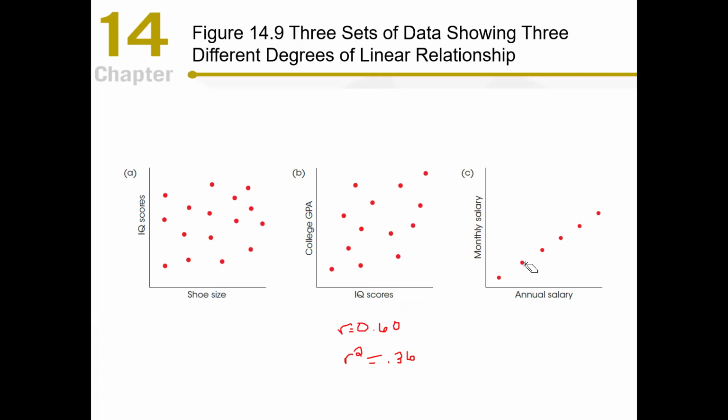Again, this is a one-to-one relationship, meaning the variability in your monthly salary is explained by your annual salary 100% of the time. That means you can predict your monthly salary from your annual salary every time, right? That's a one-to-one relationship. That means your correlation coefficient is one, and your R squared is also one, right?